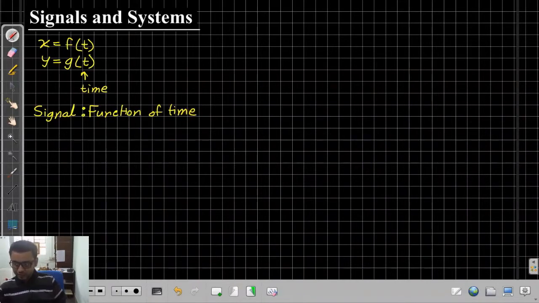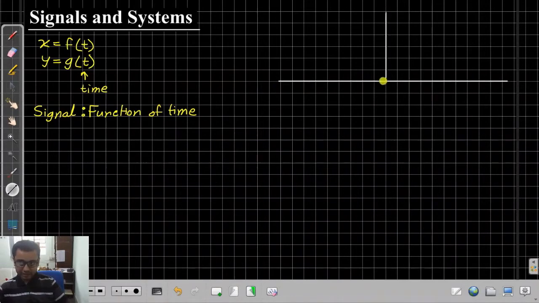Now such functions or any function can be drawn like a graph, time versus amplitude. Let me draw some arbitrary function which looks like this.